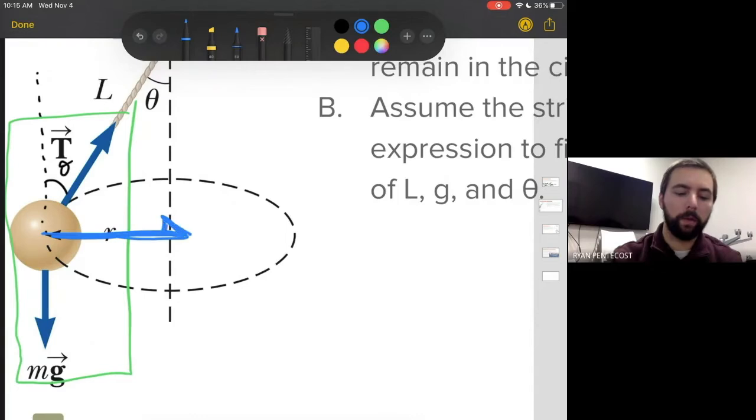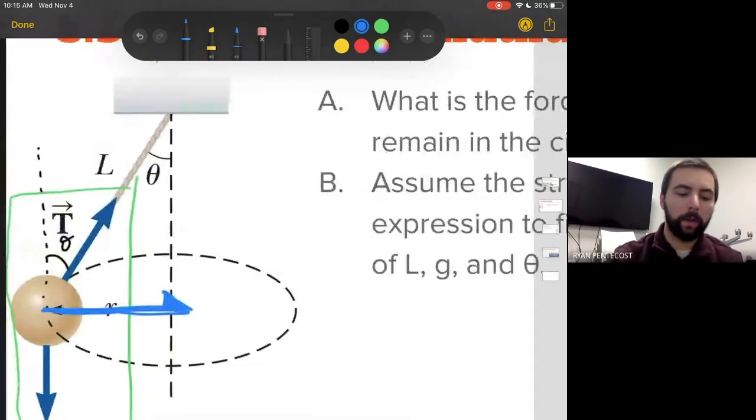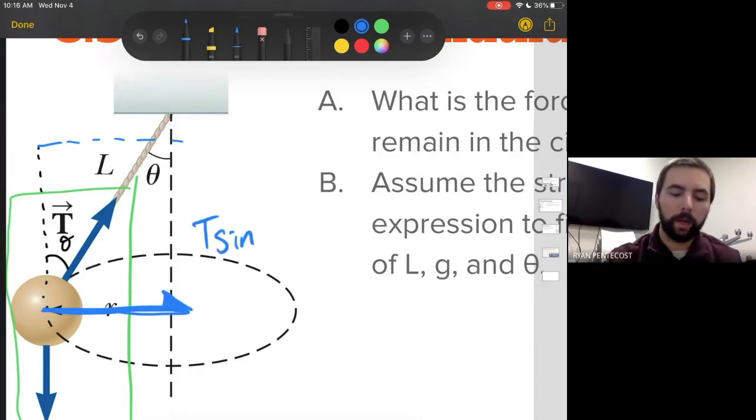And that would be a component of T, T sine theta. If we look at the theta on our T, it would be opposite of that theta. So T sine theta is actually our centripetal force.